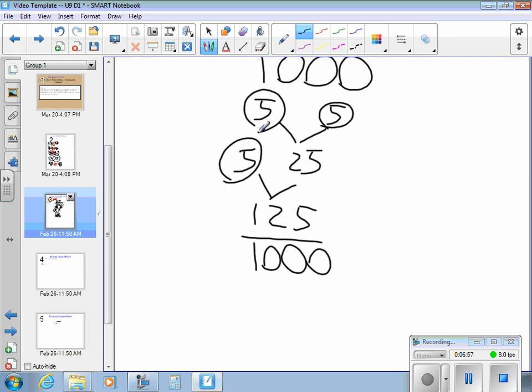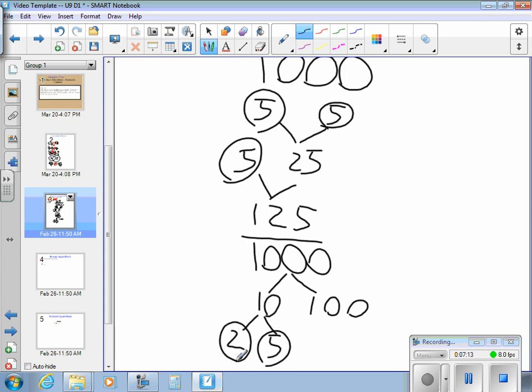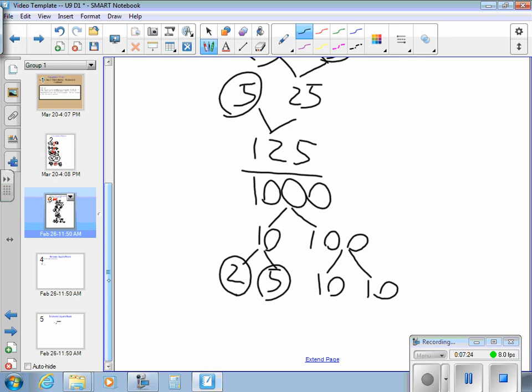Well, let's see. 1,000 is 10 times 100. And that 10 will break down into 2 times 5, both of those being prime. And 100 will break down into 10 times 10. And each of those is 2 times 5.